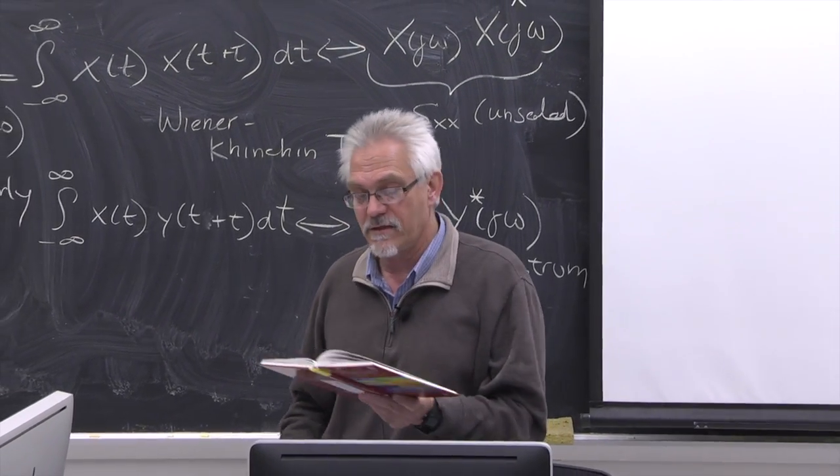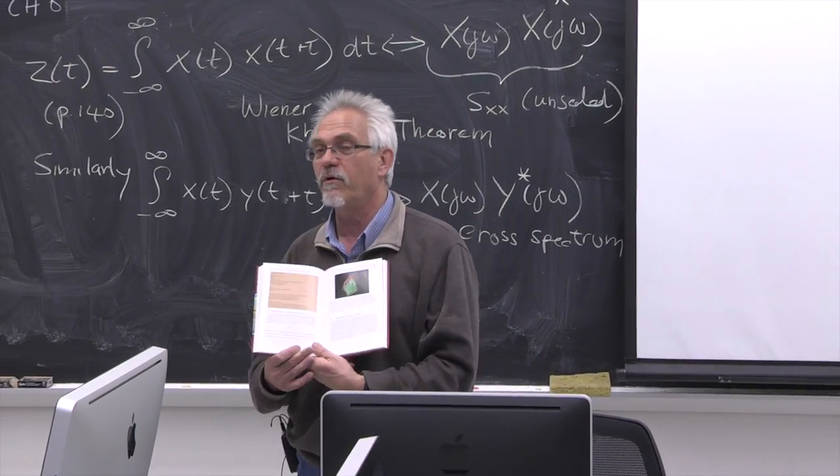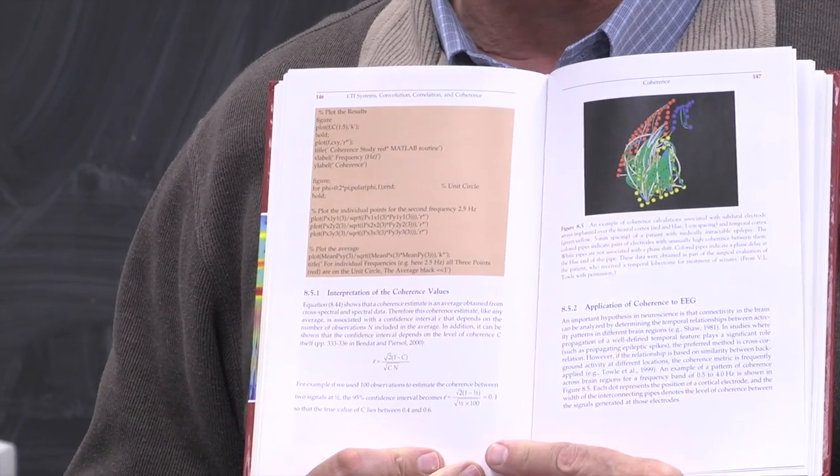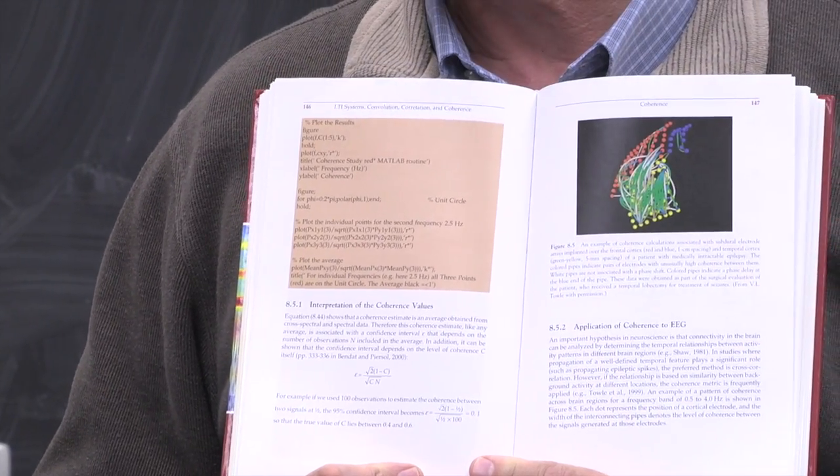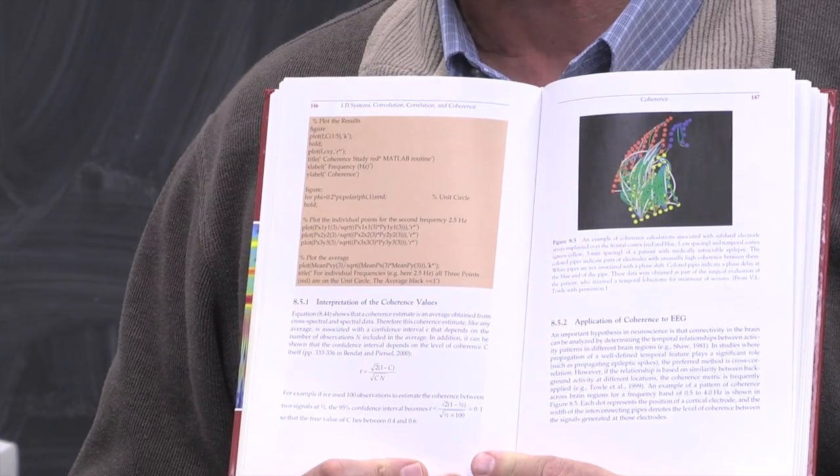And in this figure here in the book, figure 8.5, that's the one that is not very clear in the black and white version, unfortunately, but you could download the color one from my website.